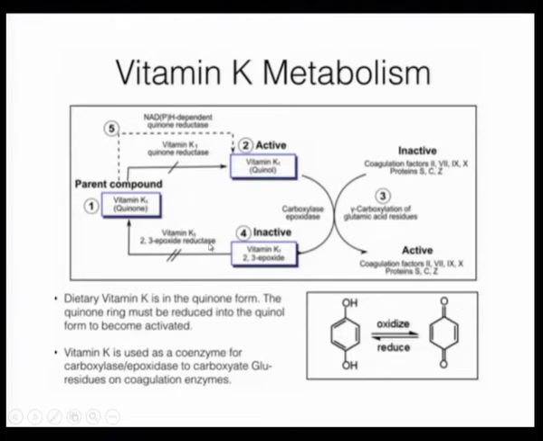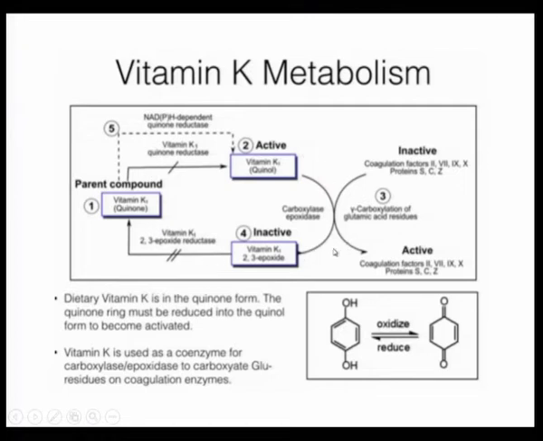Now if you look at the structure of vitamin K, it has a quinone ring. This quinone ring gets converted into the phenol ring. This hydroxy compound of menadione is the active form. So vitamin K, which is basically the quinone, gets activated to quinol and then again gets inactivated, and this is a kind of cycle.